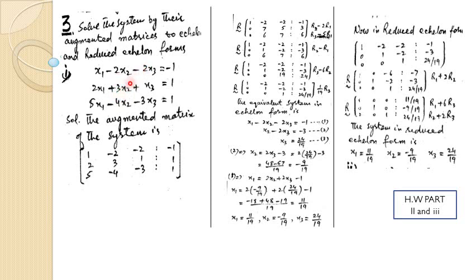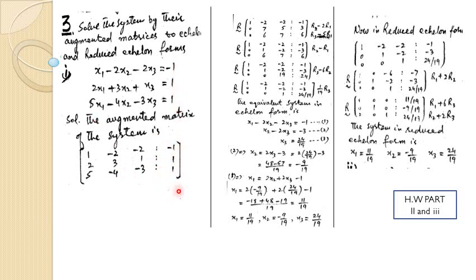First of all, we have to form the augmented matrix. What is an augmented matrix? Just write the coefficients of the equations: 1, minus 2, minus 2, 2, 3, 1, 5, minus 4, 3, like this. And the dotted line means that this column is the constants of the equations: minus 1, 1, 1.